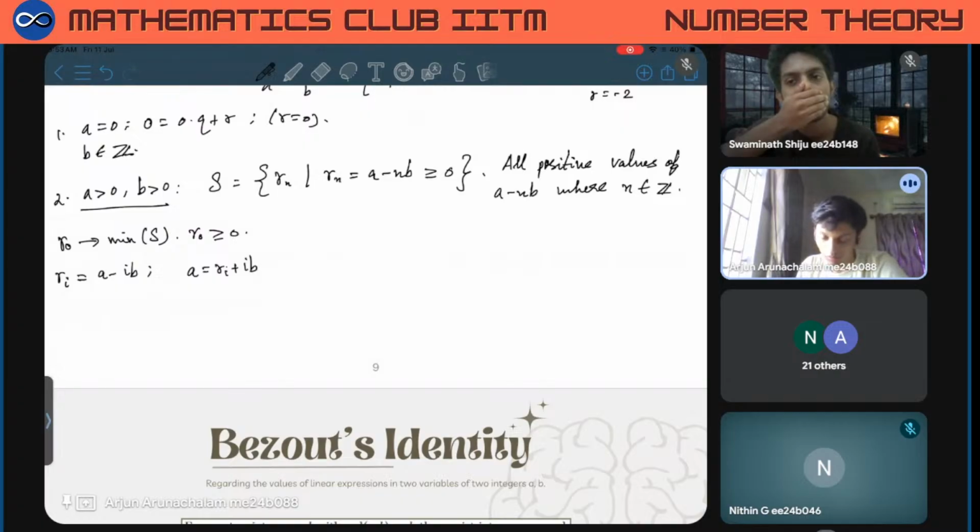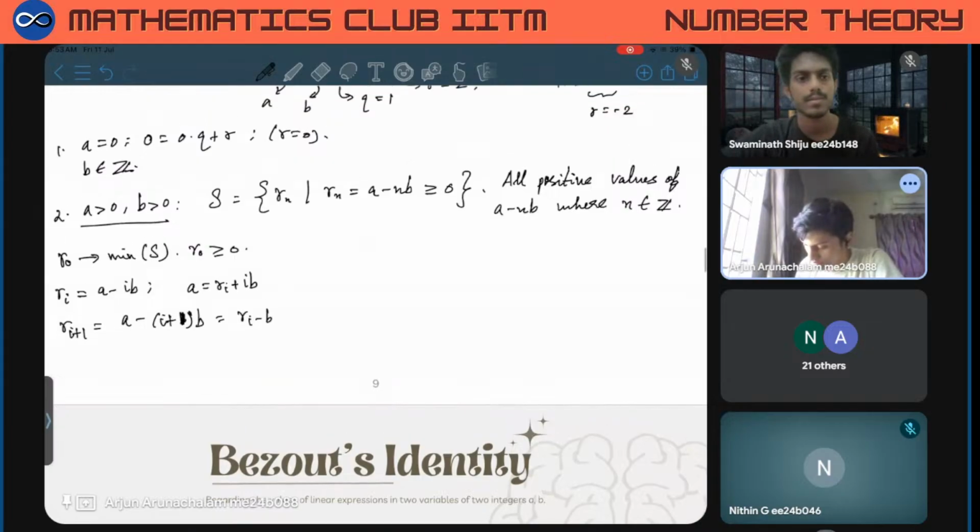Now note that R of i plus 1 is equal to a minus (i plus 1) into b, and this is Ri minus b. So we know that there exists a particular R naught, and we prove that R naught is less than b using this.